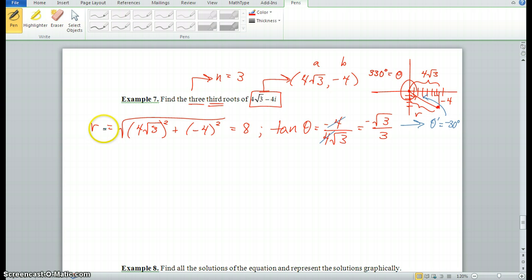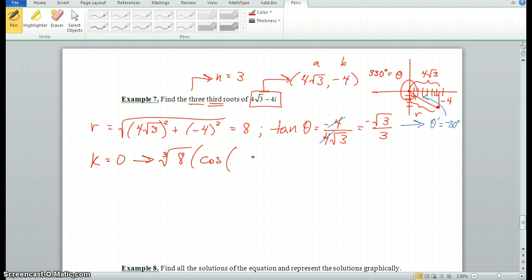So we have R, we have theta, we have N. We're going to go through our K values as we did in the last problem, getting going here with K equals 0 first. So again, using the formula from up above, we'll take the nth root, or cube root, of R, which is 8, times the cosine of the quantity.